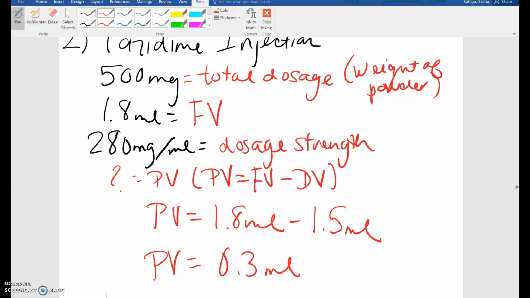If you subtract the diluent volume from your final volume, you will calculate the powder volume of your medication. Now, another question I can ask you is, is this particular medication a single concentration or a multi-concentration medication? Well, how many dosage strengths or dosage concentrations did you read from the bottle? 1. So that means this is a single concentration medication.